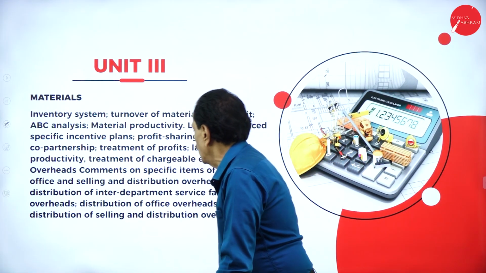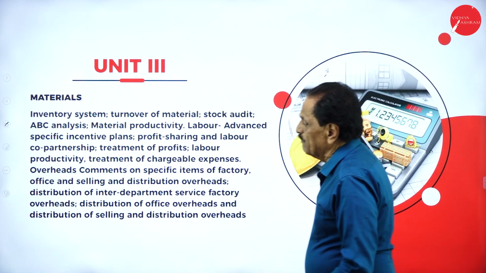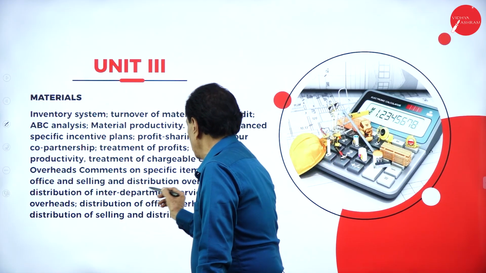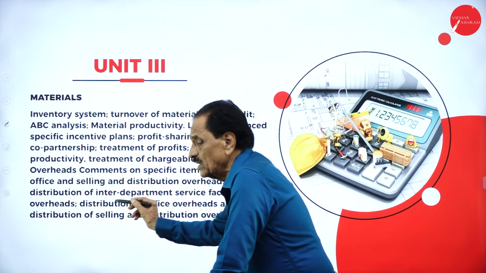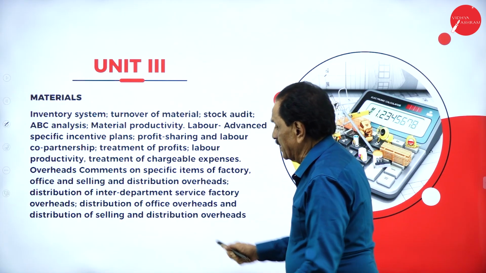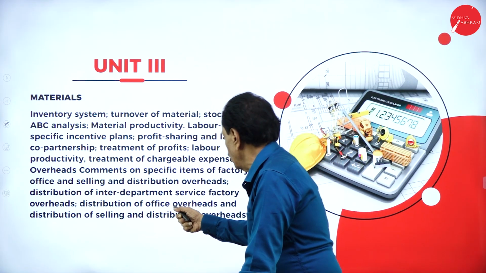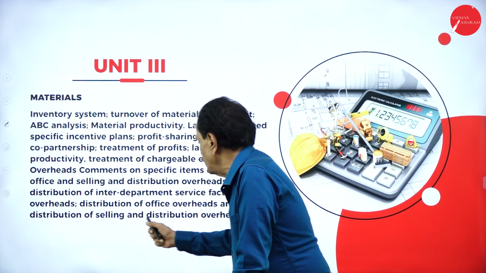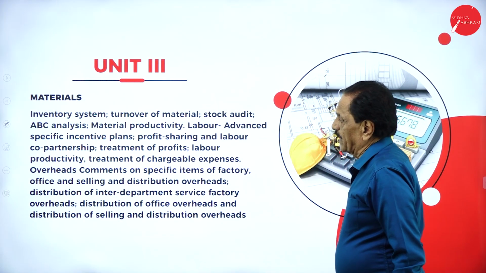Overhead: comments on specific items of factory, office and selling and distribution overhead, distribution of inter-department service, factory overhead, distribution of office overhead, and distribution of selling and distribution overhead.